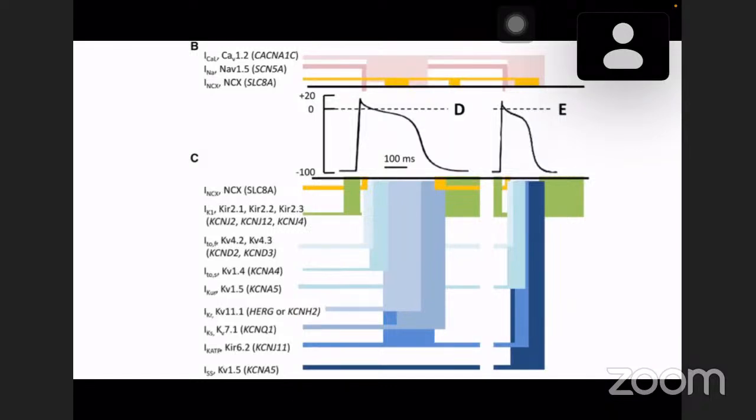Coming to this, below that you can follow everything clearly mentioned: at what phase what channel opens and what drug is acting on that channel. You can see all the receptor names are given here.